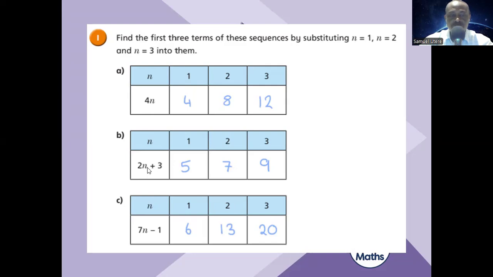But this time, because you were substituting n with a number, it's going to be 2 times that number. So when n is 3, it's going to be 2 times 3 plus 3. That will be 9. And for the other one, you do the same thing, and those will be the answers.